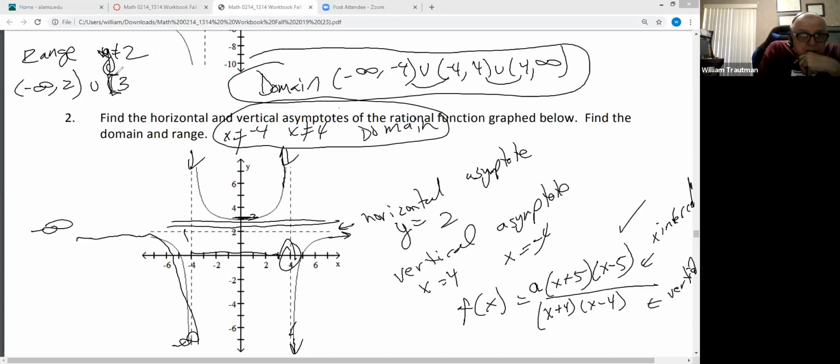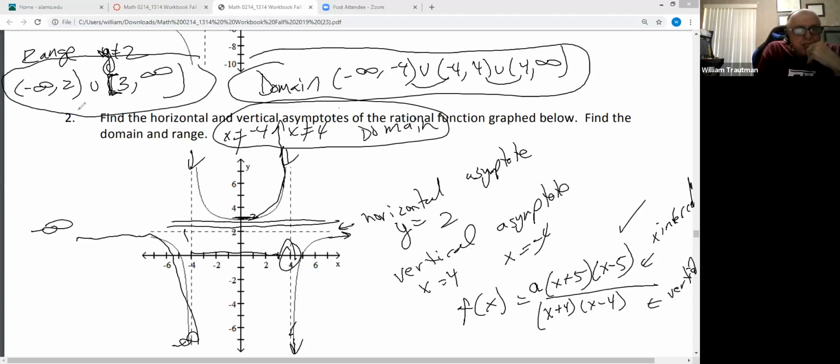It's touching 3 like a parabola, and then it goes all the way up on the y-axis to infinity. So this is how you would write the range. The range would be from -infinity to 2, and then it gets a little gap here. Between 2 and 3, there's nothing. So we start up again at 3 and go all the way to infinity.